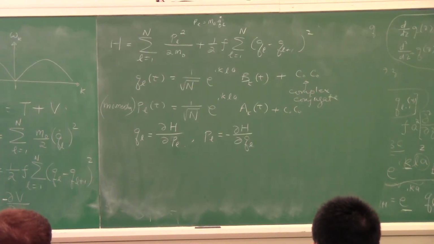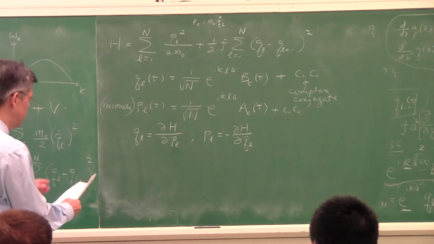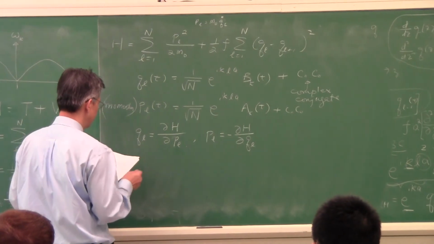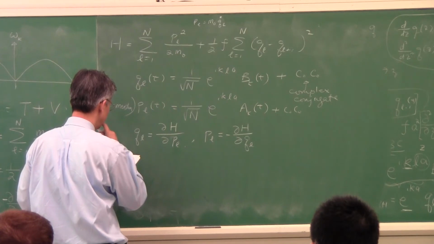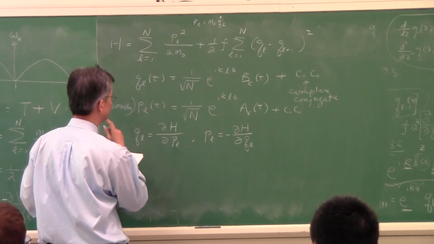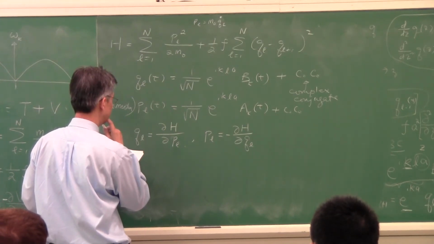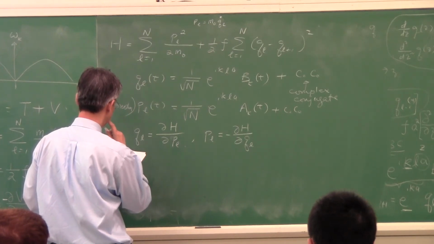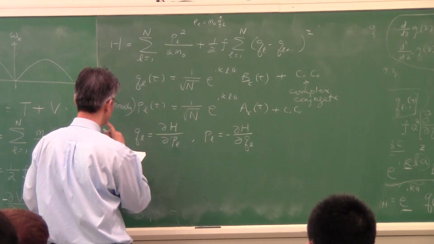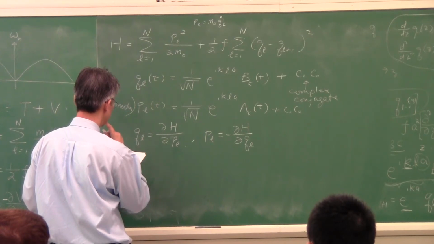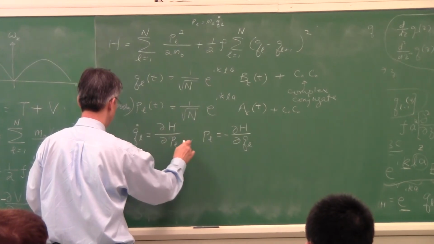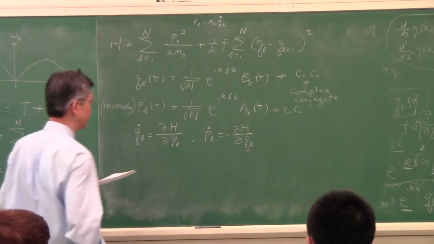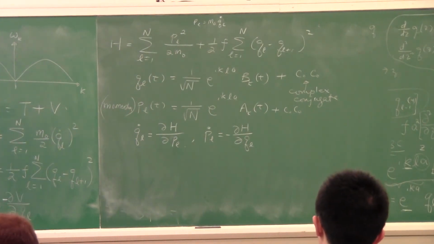Partial H, partial PL is equal to the time derivative. Yeah, there should be a time derivative here, you're right, and then there should be a time derivative here as well. You're correct about that. Thank you for pointing that out.